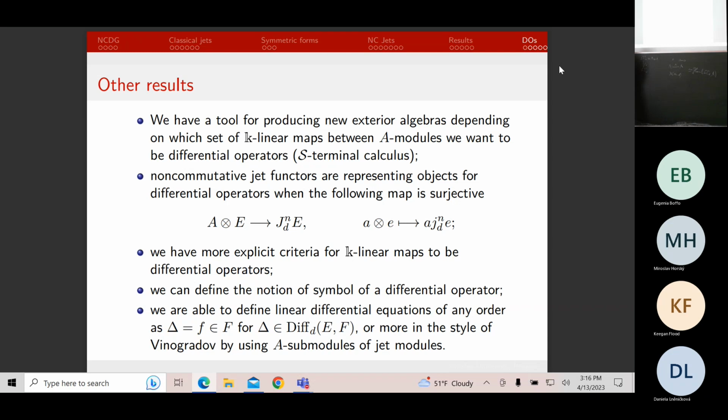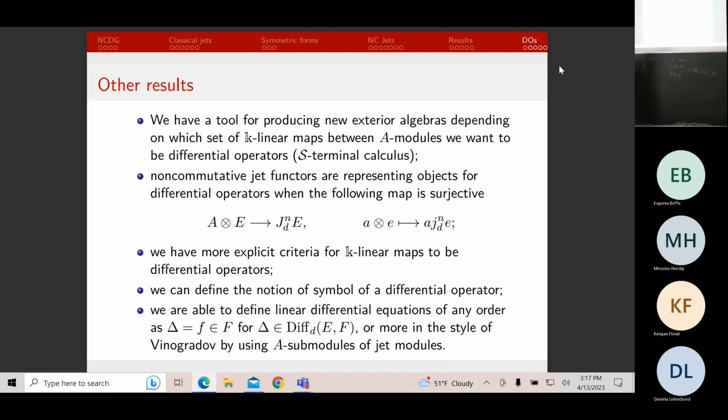Any other question? The crucial difference between localities and yours is that your jet calculus depends on the choice of exterior algebra. Yes, but I haven't proved anything about this.